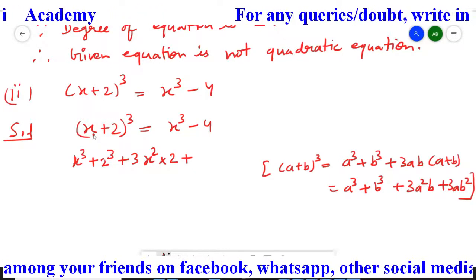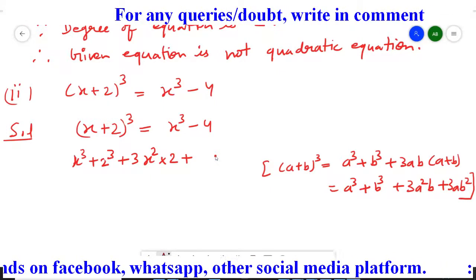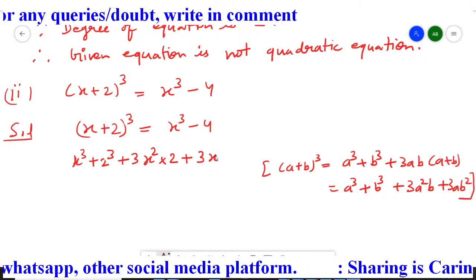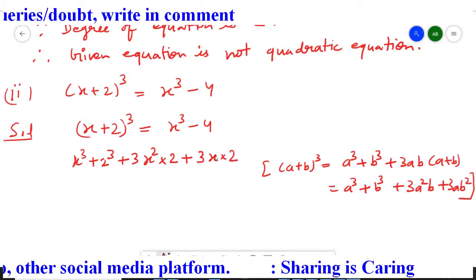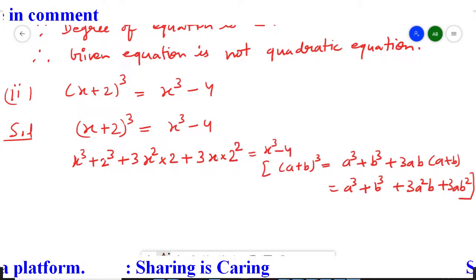So a is x, so we will get here 3 into x into b square is 2 square. So we will get here 3x multiplied by 2 square and is equal to x cube minus 4 as it is.